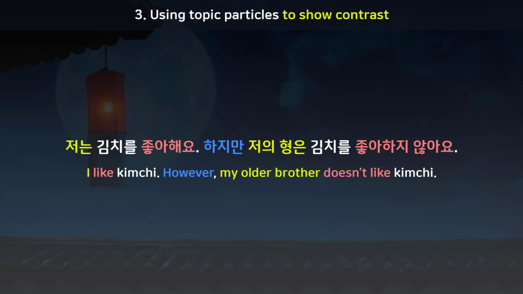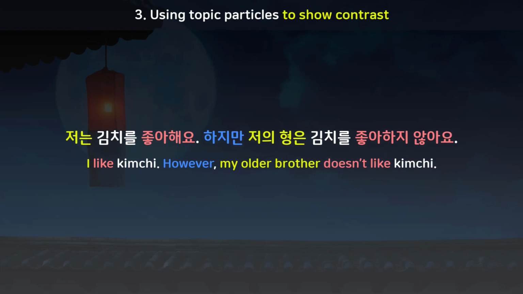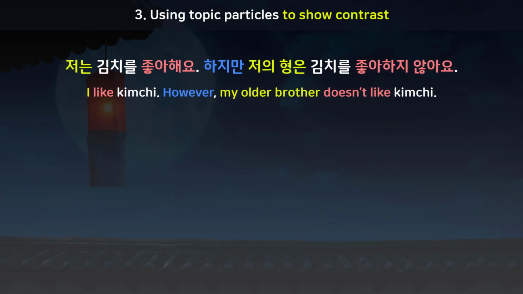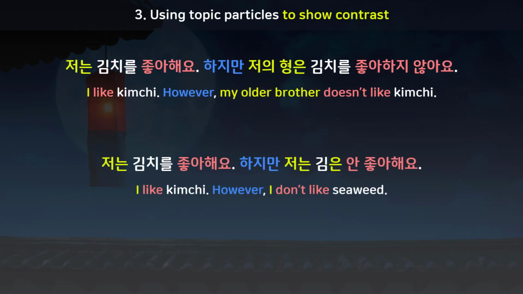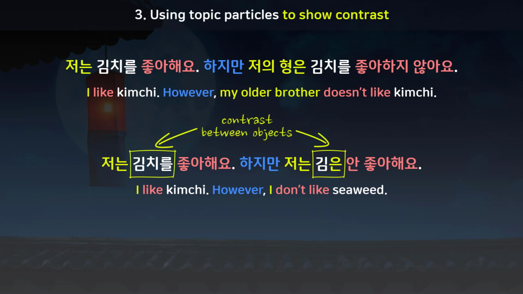However, as well as using topic particles with the subjects, if we want to show a contrast between other elements in a sentence, we can also use topic particles with those elements. Here's an example sentence. 저는 김치를 좋아해요. 하지만 저는 김은 안 좋아해요. I like kimchi. However, I don't like kim. In these sentences, the contrast is made between the objects of the verbs, which are kimchi in the first sentence and kim in the second sentence.